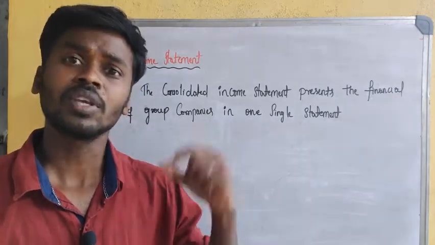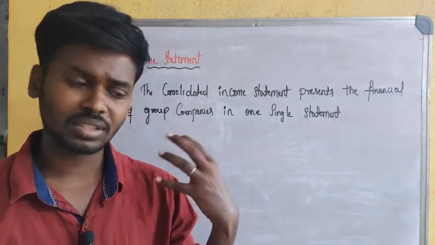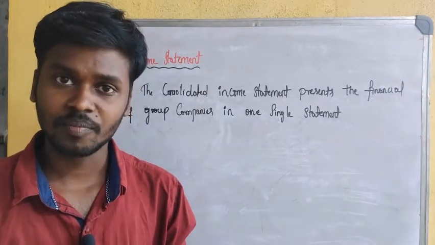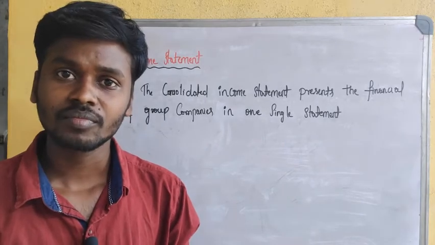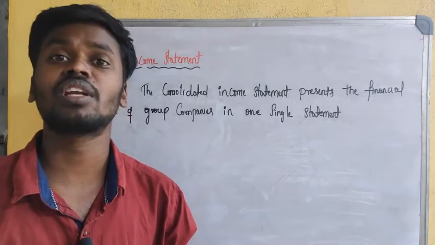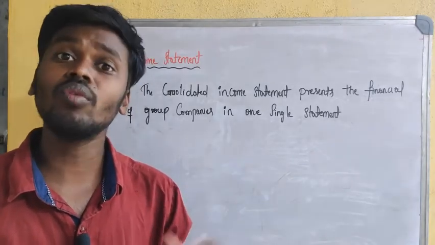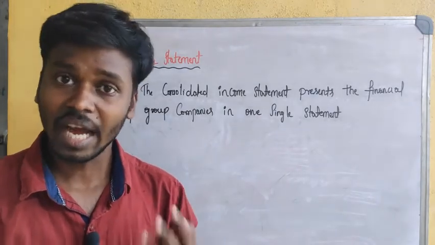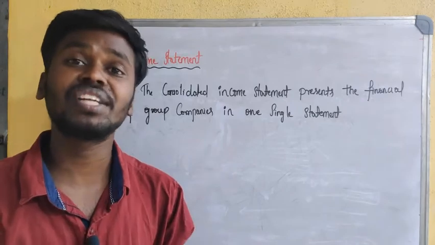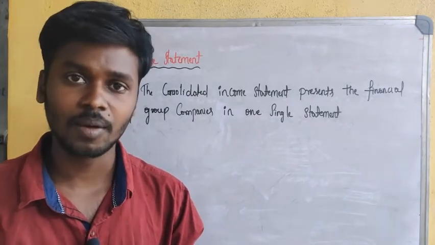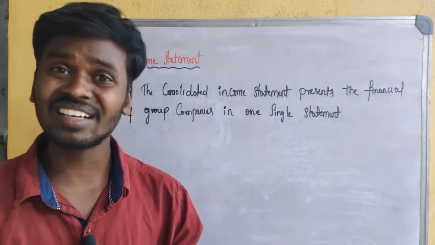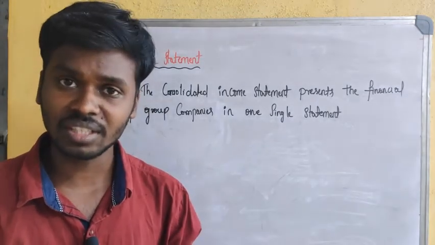Companies also prepare the balance sheet, a financial statement, to know the financial position of the business organization, how well it provides services, and what its present condition is. In the previous session we discussed the preparation of the consolidated financial statement.